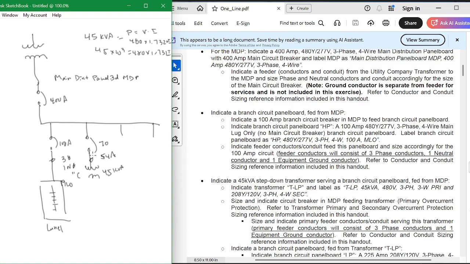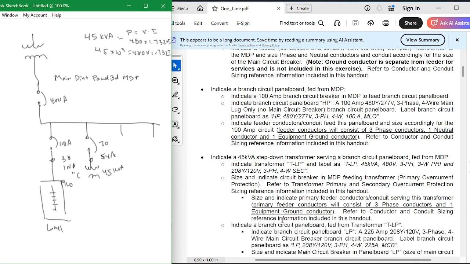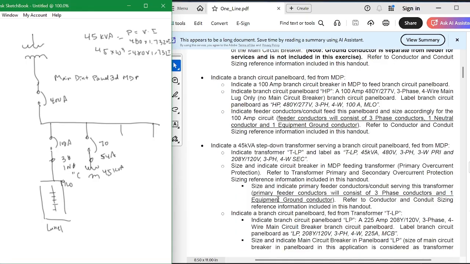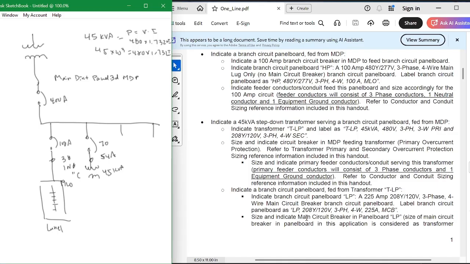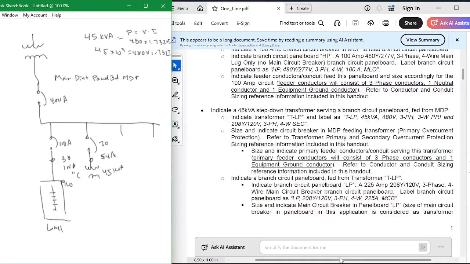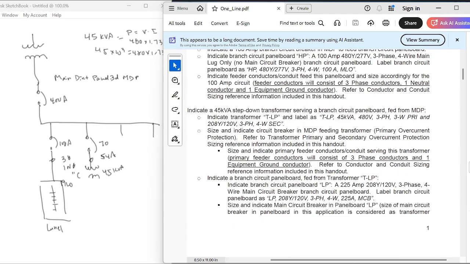It says it's a 12208, and they use a 225 amp main circuit breaker, but they only put the size in there for 150.